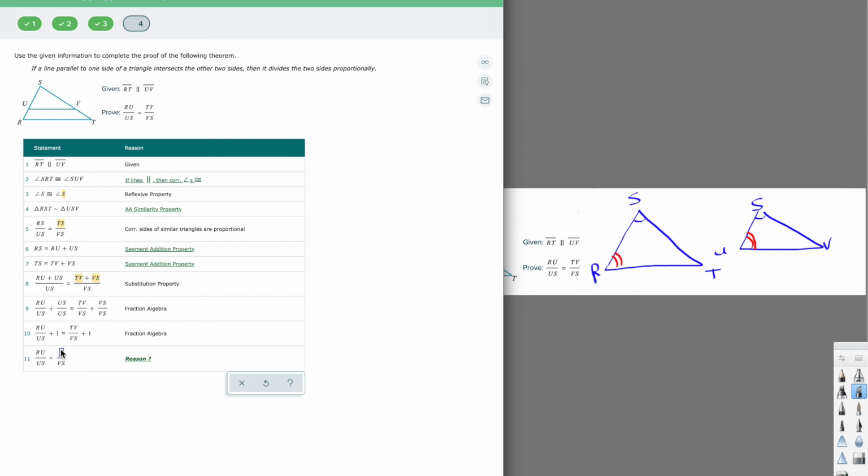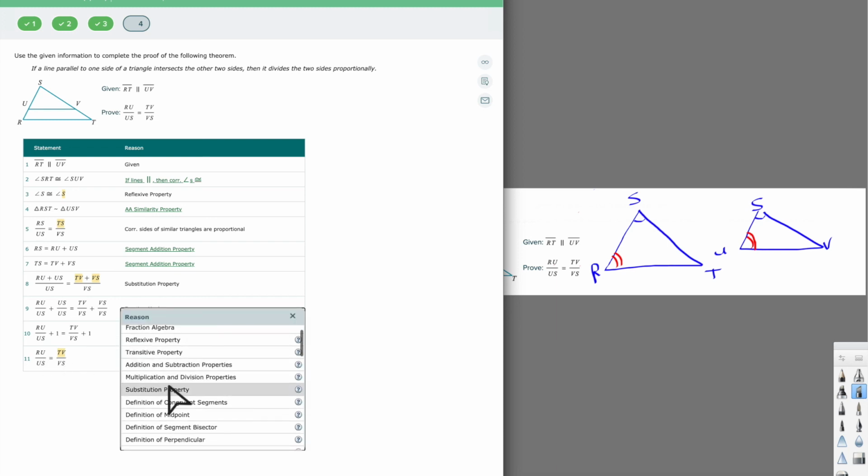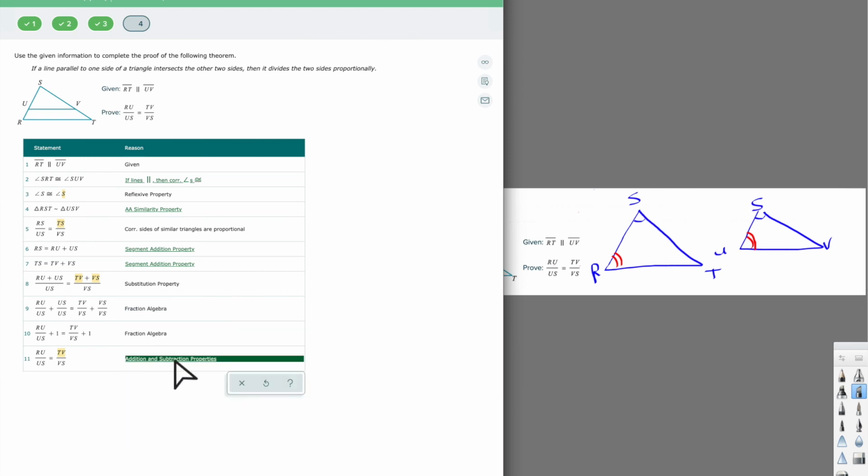Well, what happens here is if I subtract 1 from either side, 1 minus 1 is going to eliminate. So I will just be left with these two fractions, RU over US and TV over VS. I got there by using the addition subtraction property, specifically subtraction, because I subtracted 1 from both sides. So now we can go ahead and check this guy. He should be good to go.